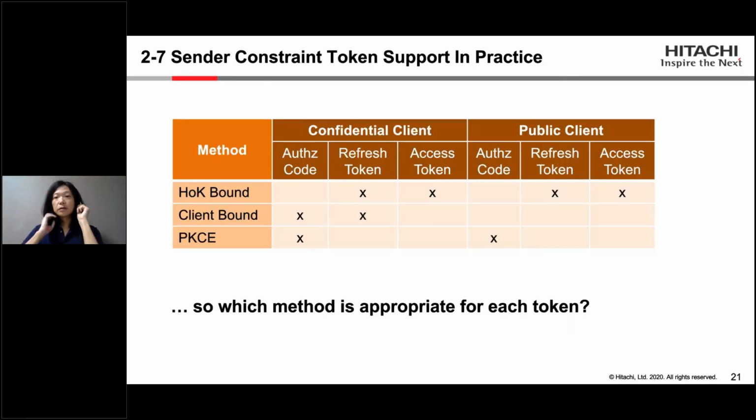Then, considering the characteristics of each method for realizing sender constraint tokens for OAuth code, refresh token and access token, this table shows the sender constraint token support in the OAuth2 protocol by each method in practice.